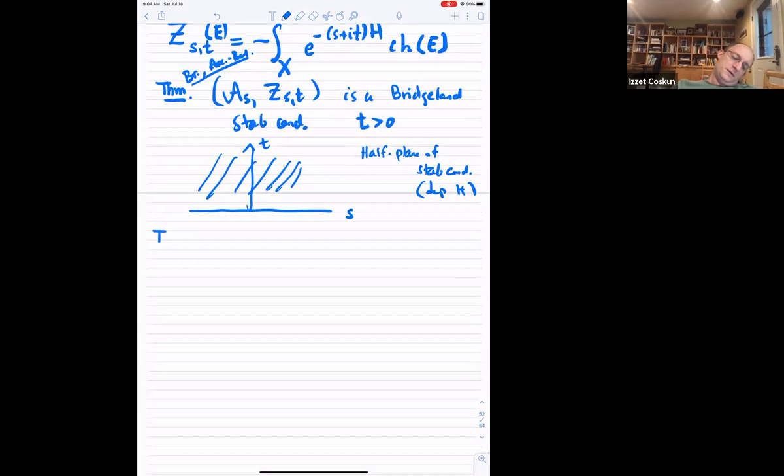So the theorem of Bridgeland, maybe I should just mention it, is that the space of stability conditions on a smooth projective variety X is a complex manifold.